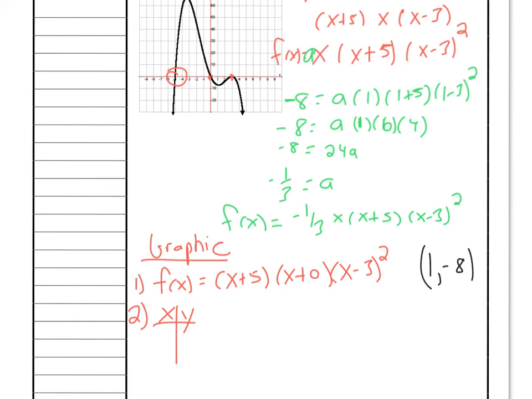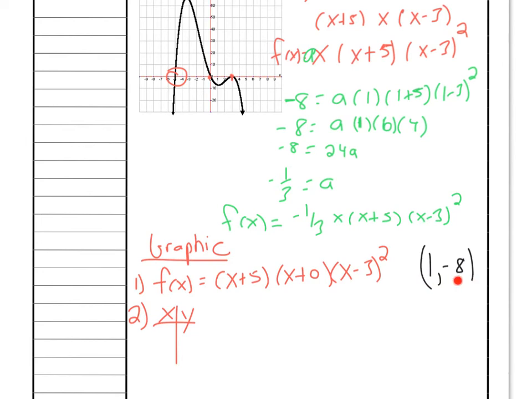And then you see that there's the bounce right here at the 3, so that's x minus 3 squared. So across is 1, across is 1, the bounce is going to be the exponent of 2, because it has to have a power of 4, because it says it is a quartic. If you're not so good with the algebra, and you continuously mess it up, you can do the graphic solution, which is pretty short and sweet.